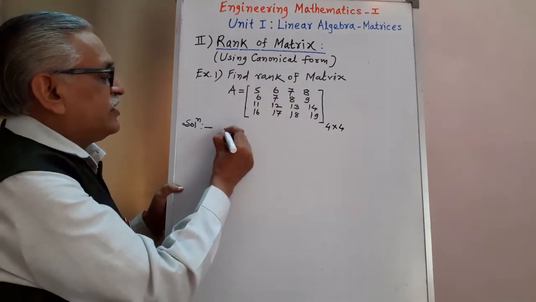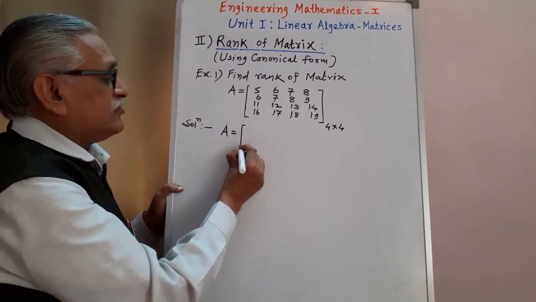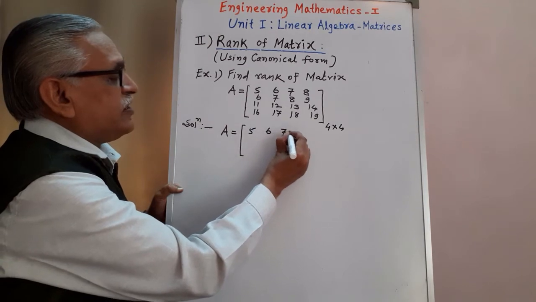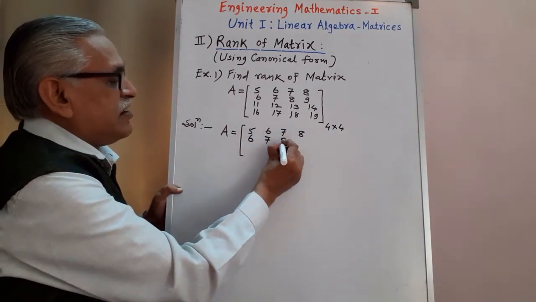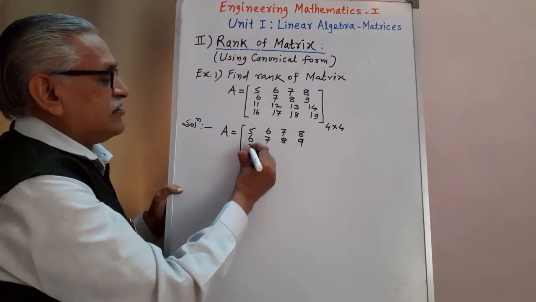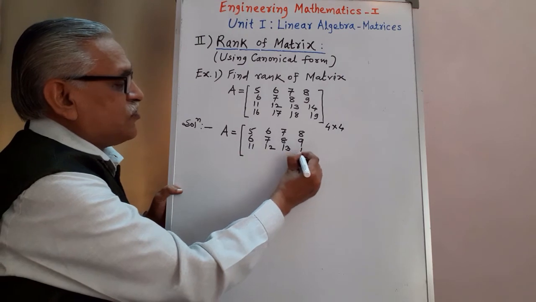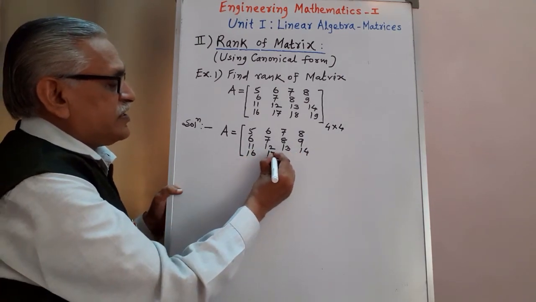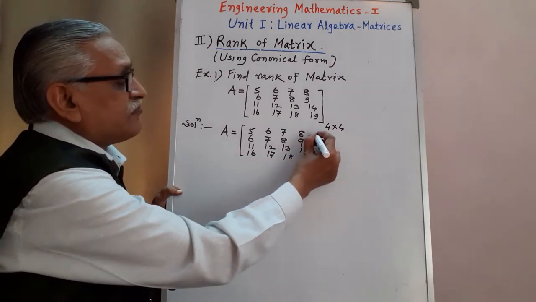Here the given matrix A has elements 5, 6, 7, 8, 6, 7, 8, 9, 11, 12, 13, 14, 16, 17, 18 and 19.